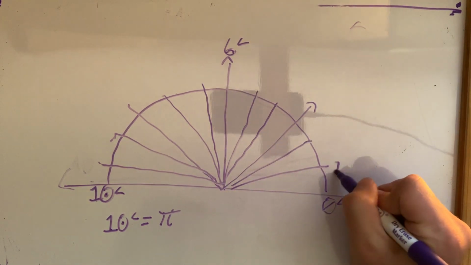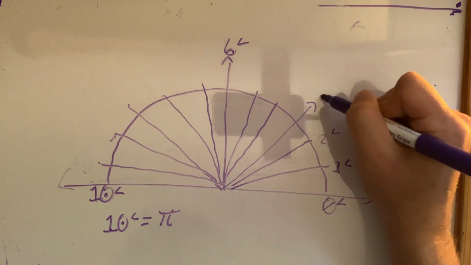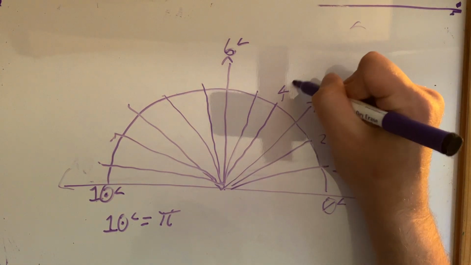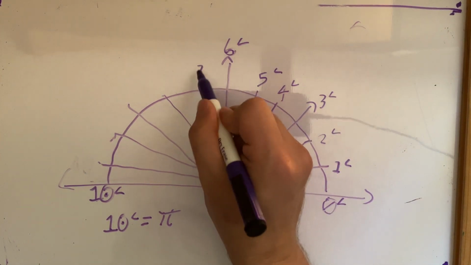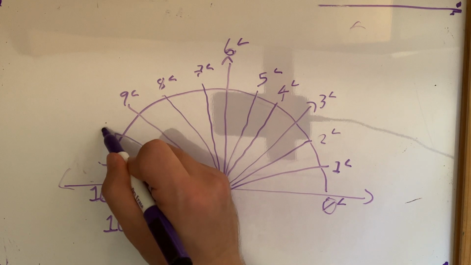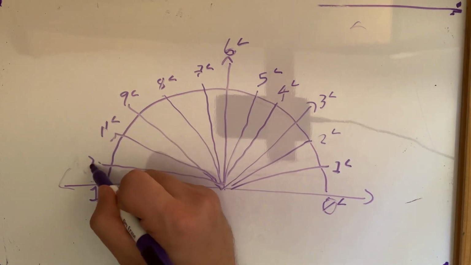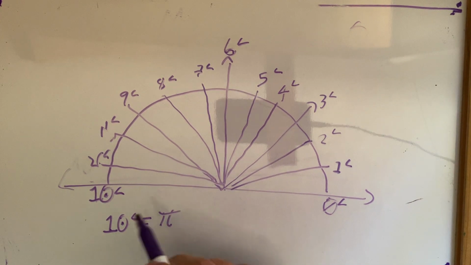In fact, this is a 1 angle. 15 degrees becomes a 1 angle, 2 angle, a 3 angle, a 4 angle, a 5 angle, 6 angle, 7 angle, an 8 angle, 9 angle, 10 angle, and an 11 angle. And then we get the 12 angle.